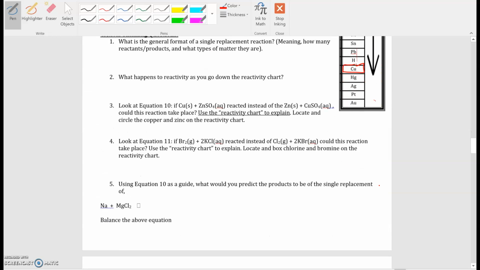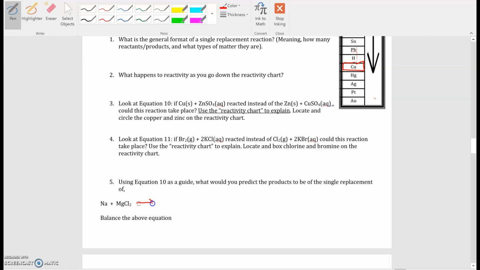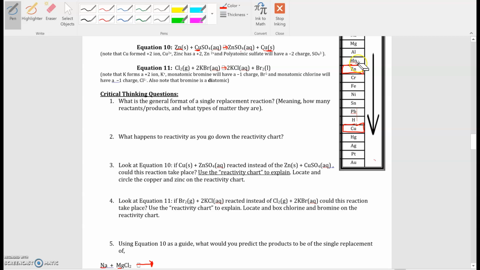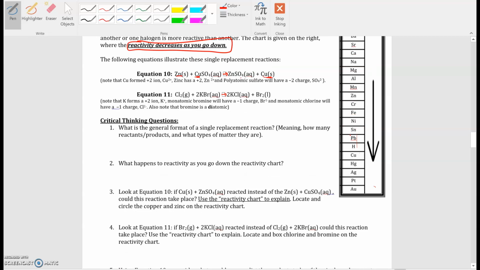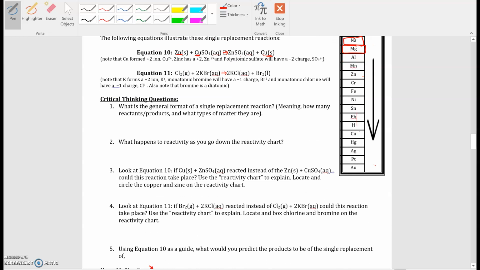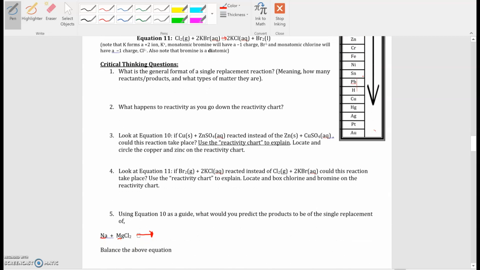So let's do an example. Sodium plus magnesium chloride. Okay, so first, sodium I know would form a cation, so it's going to try to replace the cation in the compound. Sodium is here, magnesium is here. So sodium is more reactive than magnesium, so this will happen.